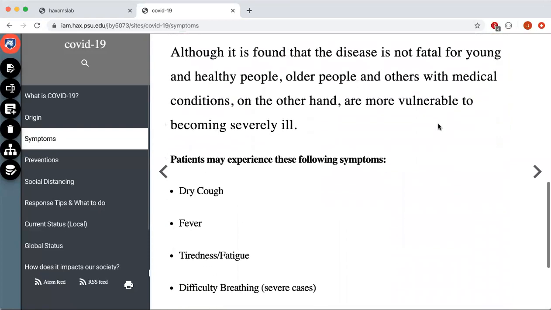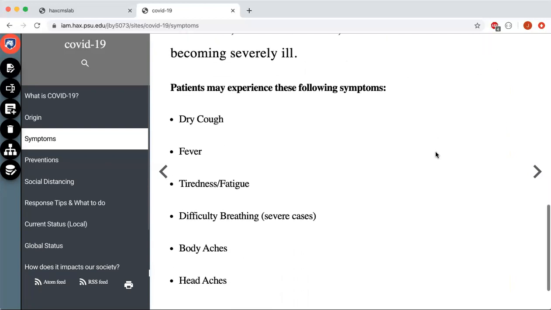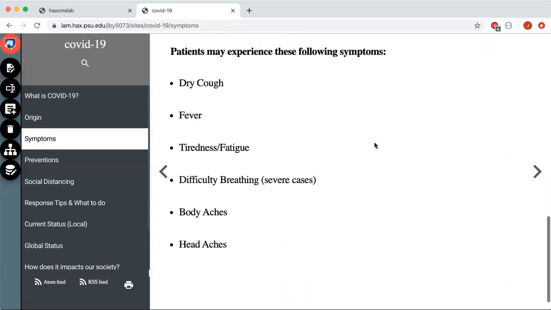It's found that the disease is not usually fatal for young and healthy people, but rather for older folks and people with medical conditions. The patients may experience tiredness and fatigue, also body aches and headaches with the dry cough, fever, and difficulty breathing.